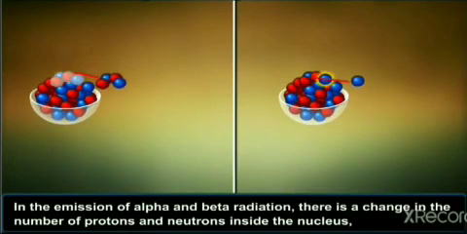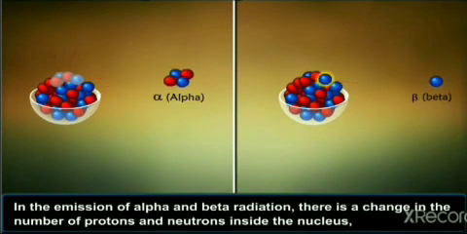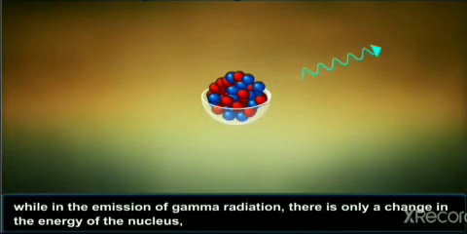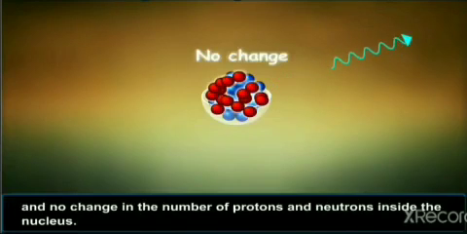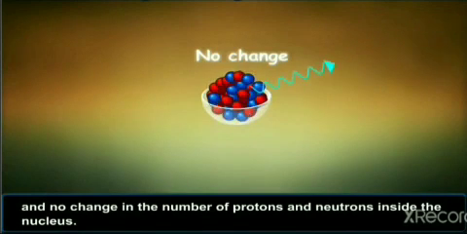In the emission of alpha and beta radiation, there is a change in the number of protons and neutrons inside the nucleus, while in the emission of gamma radiation, there is only a change in the energy of the nucleus and no change in the number of protons and neutrons inside the nucleus.